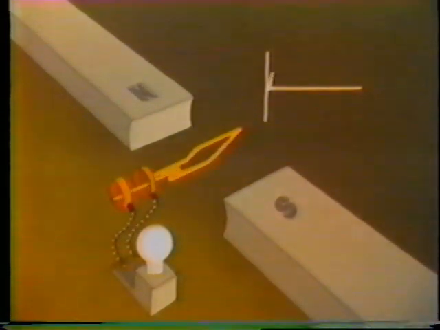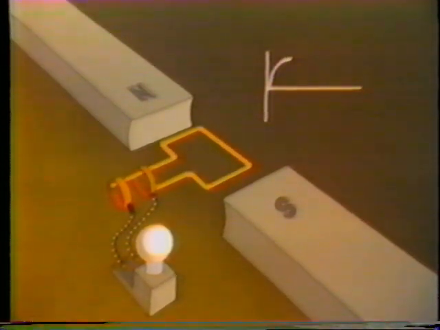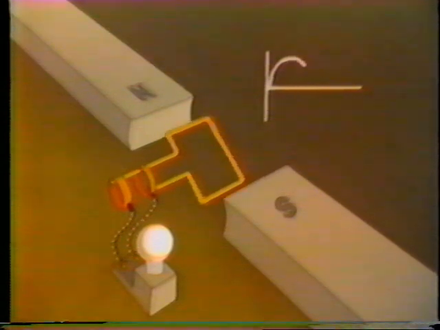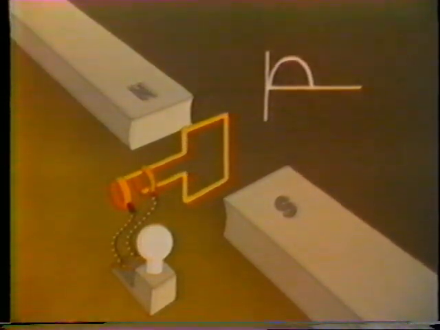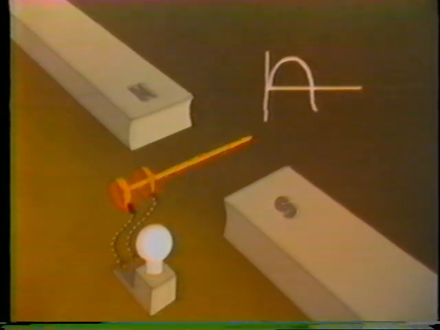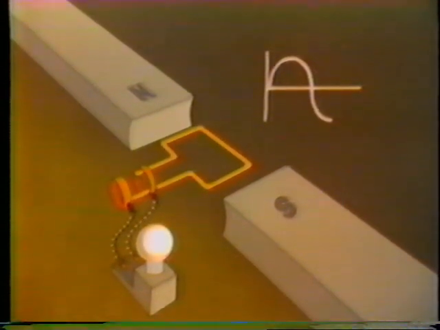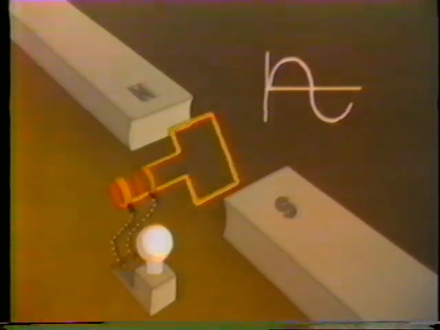As the generator turns, voltage and current build up to a peak positive value and then decrease to zero. At this point, current and voltage reverse direction and build up to a peak negative value. Then they decrease to zero and the cycle is complete.